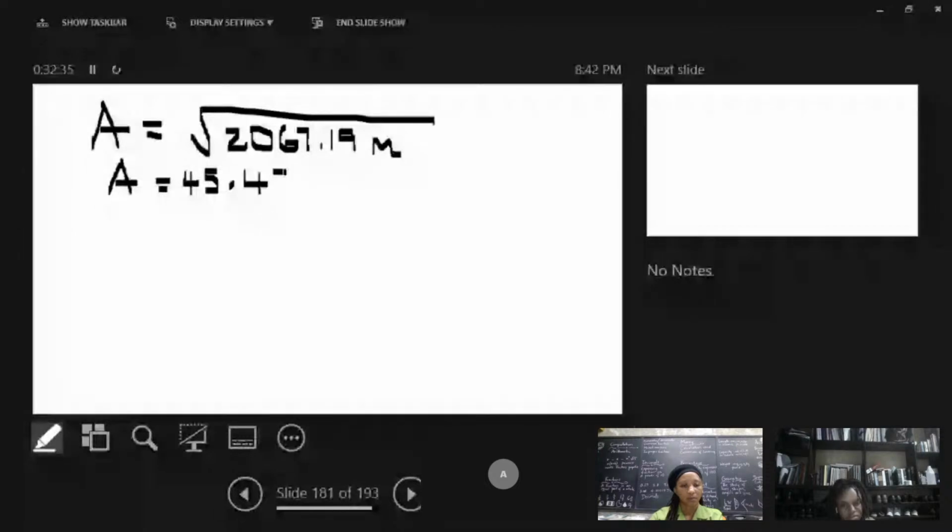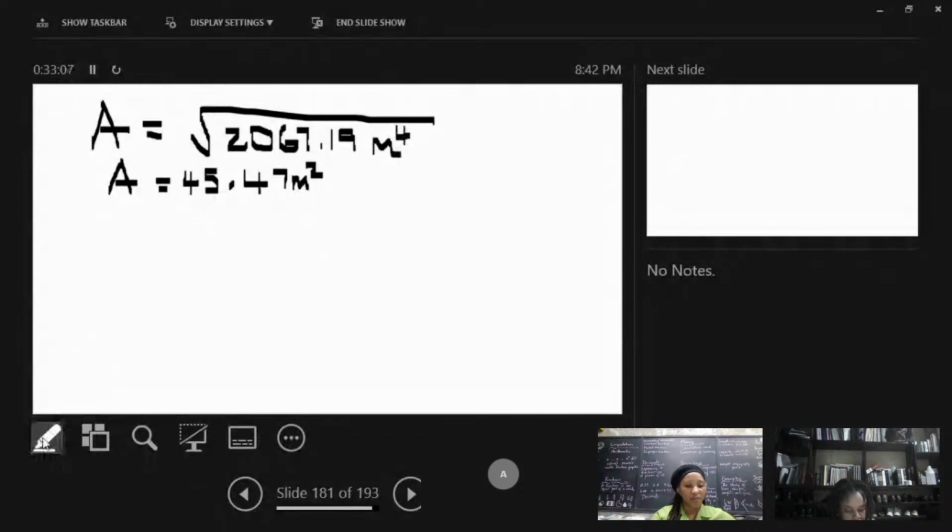So that's the area. This should be in meters squared, right? Yes, Miss. Actually, this is in meters to the 4th power because we multiplied 4 meters together. And when we find the square root, it's now in meters squared.